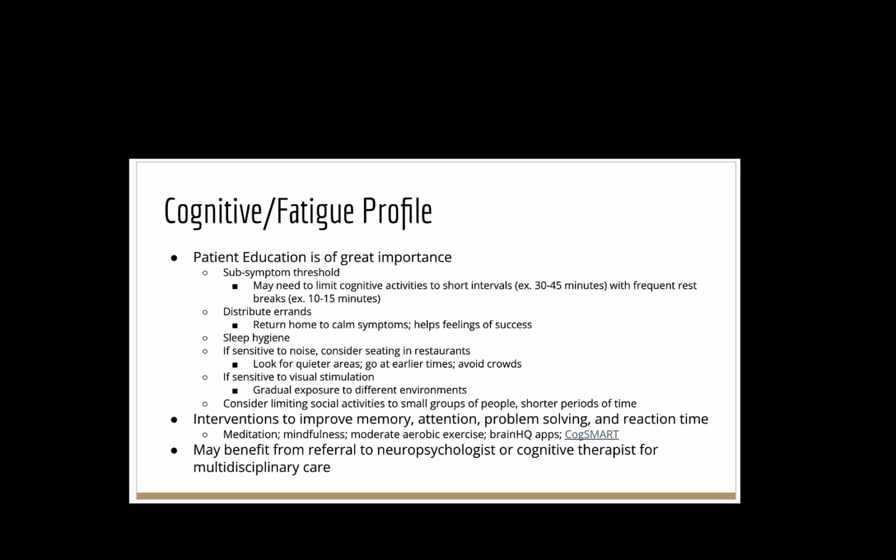As far as specific interventions, we're really talking about those individuals that tested poorly, maybe on the ImPACT in multiple different categories. So things like memory could be involved, attention, focus, visual reaction time, problem solving, et cetera. So any interventions that we can do that relate to cognitive training would be indicated.